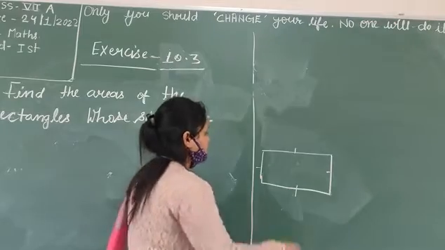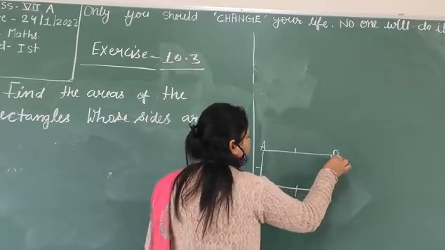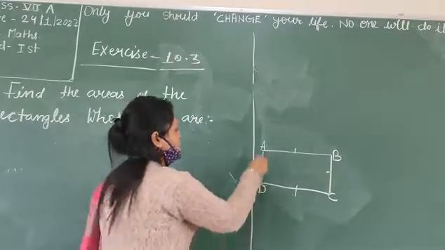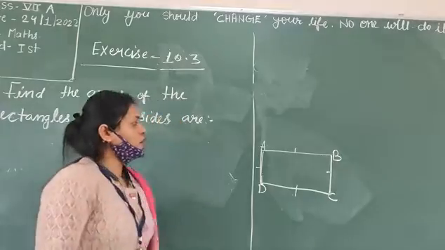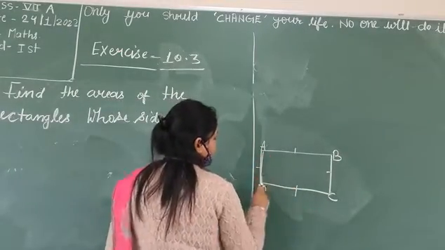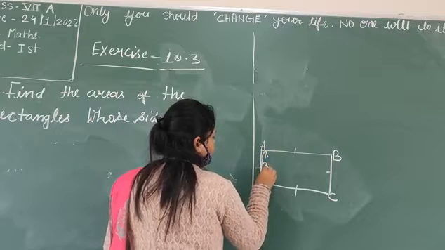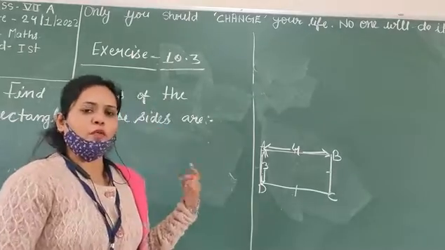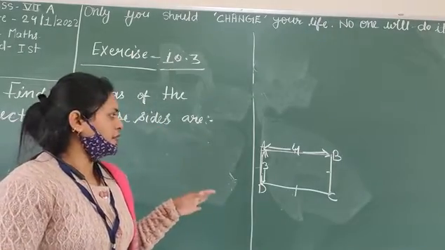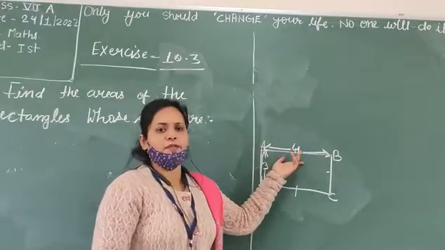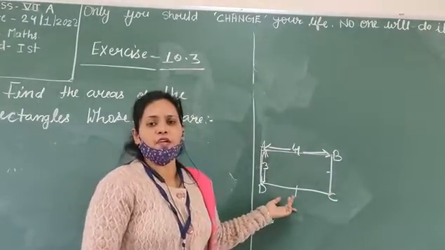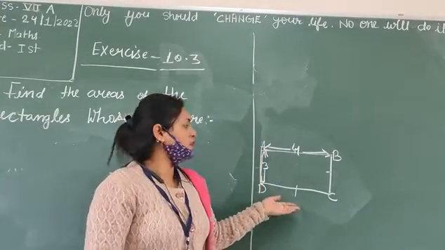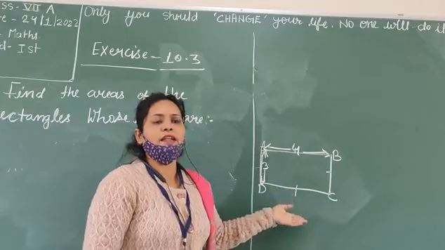Firstly, naming the vertices A, B, C and D. If AB is 4 cm, then DC will also be 4 cm, because through the property of rectangle opposite sides are equal.